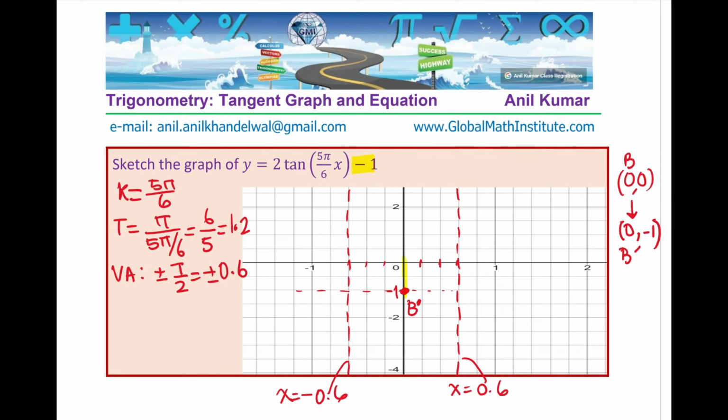Now, how do we get the point A dash? Well, A for us was what? Point A was at quarter of the cycle and its value was 1. Now, at quarter of the cycle, the value is going to be multiplied by 2 since 2 is the stretch factor.